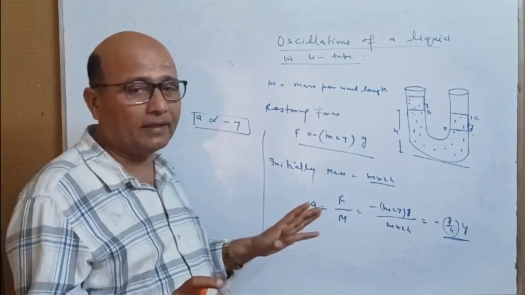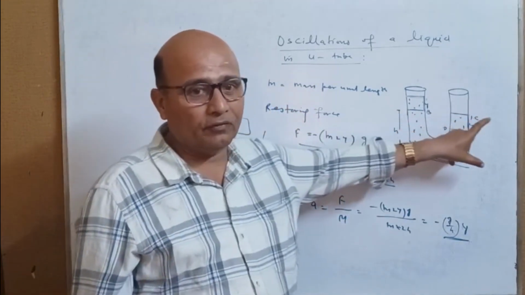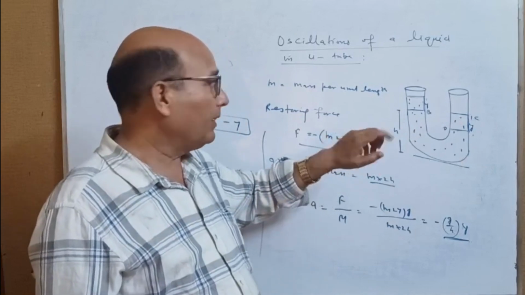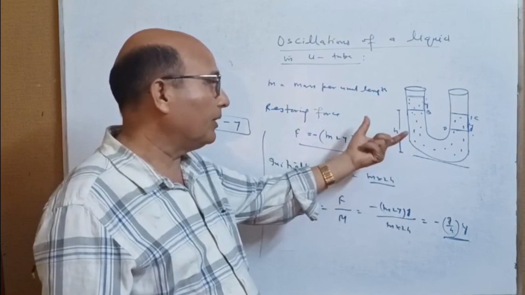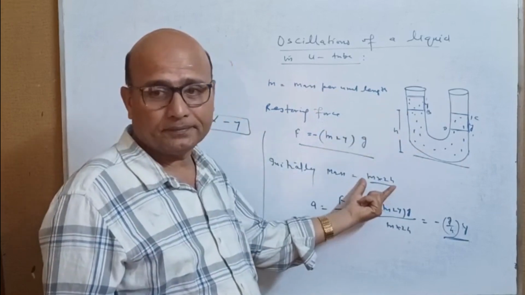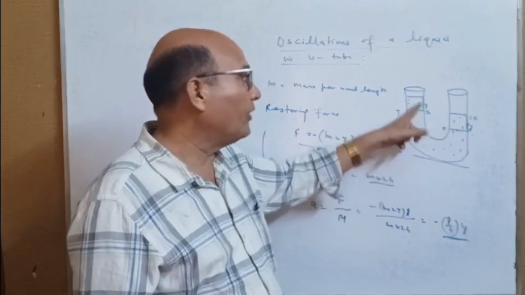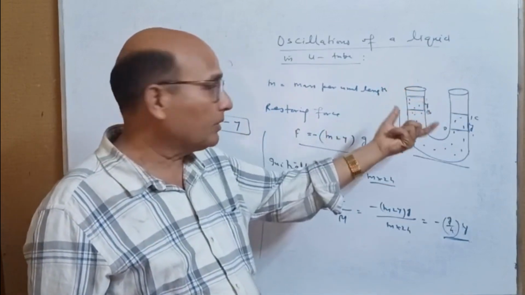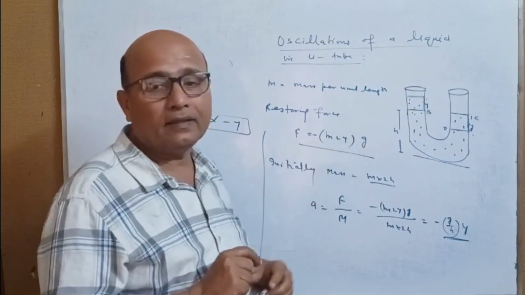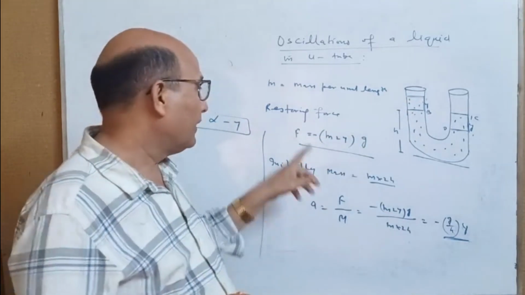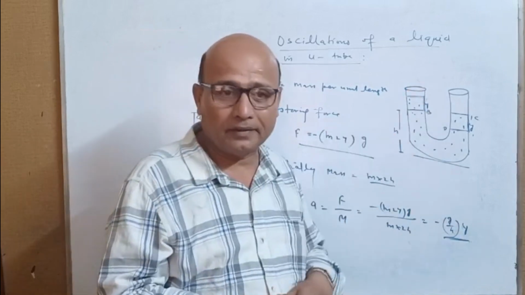It is a very simple concept. Again I will tell you that initially the liquid was filled up to the height h on both sides. When we consider mass per unit length, the total mass of the liquid in the tube is m into 2h. When we displace the liquid through y here, the liquid will go up on this side also. The total mass of the liquid through distance y is m into 2y, and g is the acceleration due to gravity. This is the restoring force which will be developed in the liquid when we compress it through distance y.